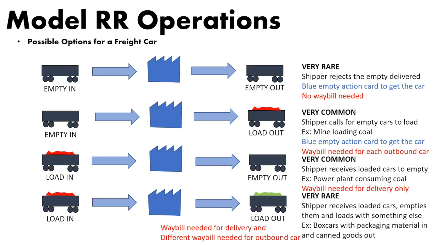Now, something that's also very rare, but is amazing how often this is modeled in model railroading, is a loaded car comes in to an industry, and that same exact loaded car goes out with a different load. Okay? Most cars are specialized and won't do that.